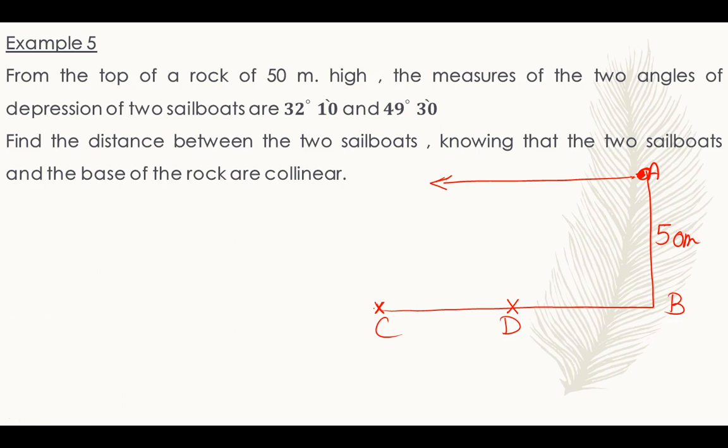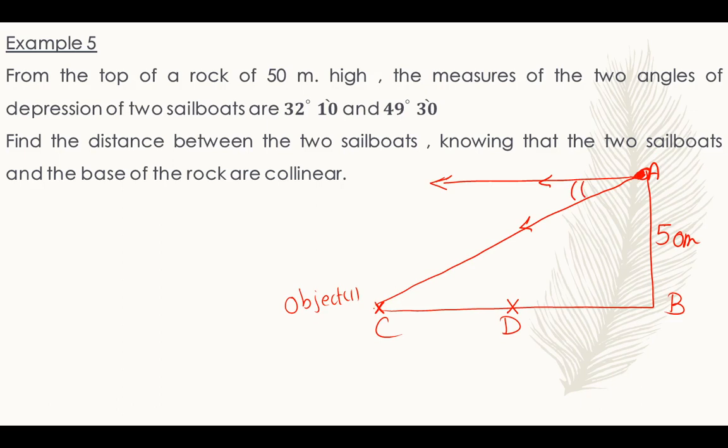This is the horizontal ray, and this is the ray going from the observer's eye to the first object, the first sailboat. So this is the angle of depression between the observer A and the first sailboat.